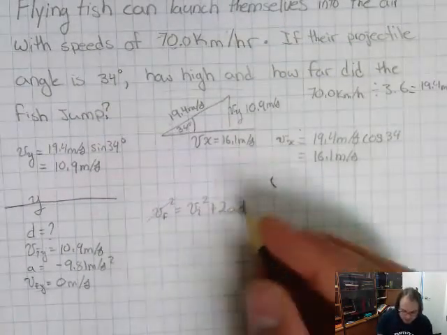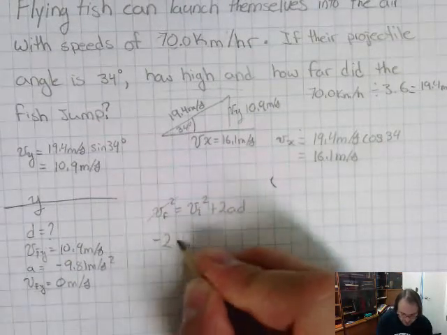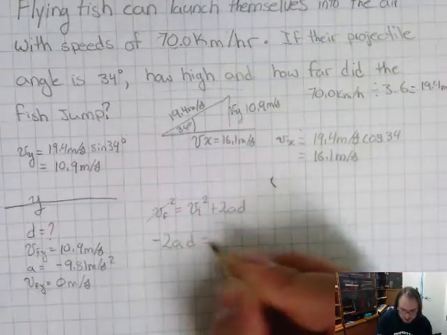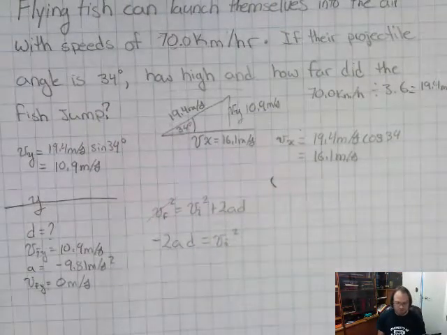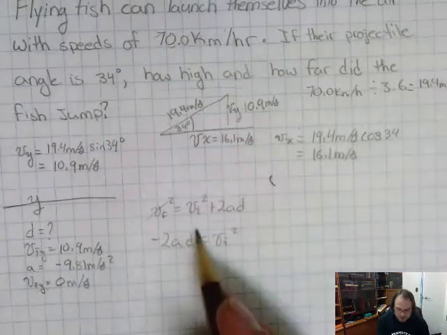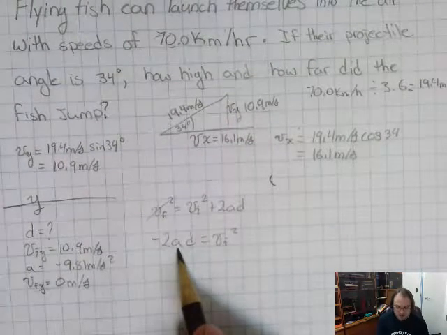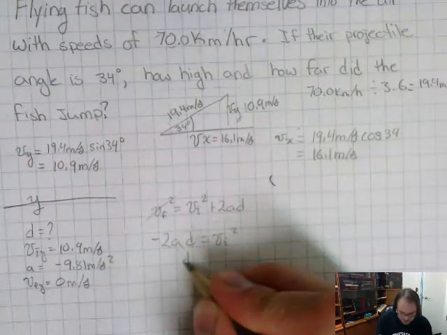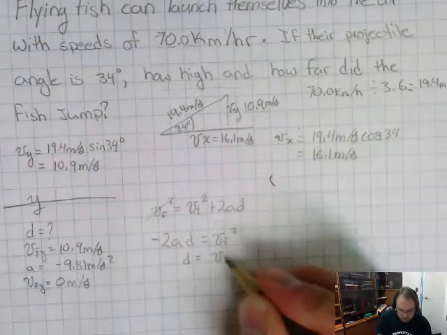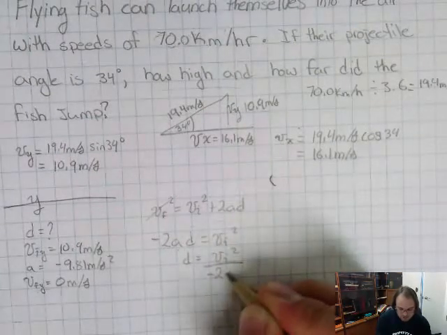So we have negative 2 times acceleration times distance is equal to my initial velocity squared in the y. Now we have to isolate for d because we're trying to find the distance. So I'm going to divide by negative 2 and my acceleration. Overall, my distance is equal to my initial velocity squared divided by negative 2 times my acceleration.